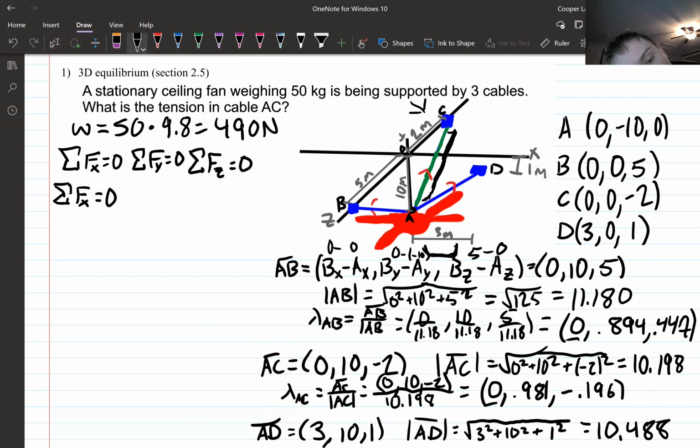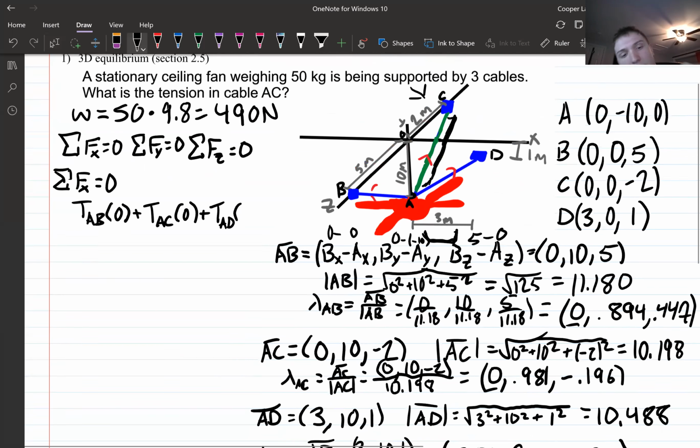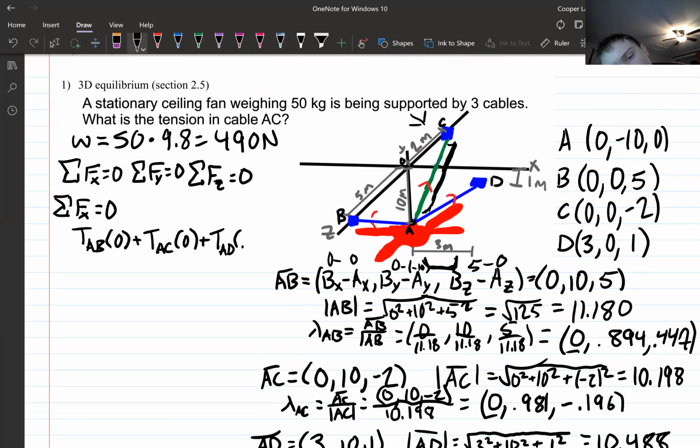So we're going to do our TAB, which gets multiplied by 0, plus our TAC, which is also multiplied by 0, plus our TAD, which gets multiplied by 0.286. And all of this equals 0.